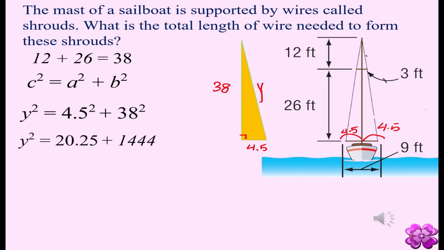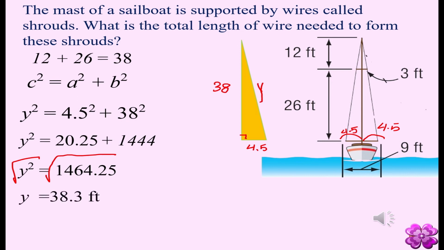Use your calculator. We end up with those values. Add them up on the right side. We get 1464.25. But we are looking for y, not y squared. So as a result, we need to take a square root from both sides. We end up with y equal to 38.3 feet.